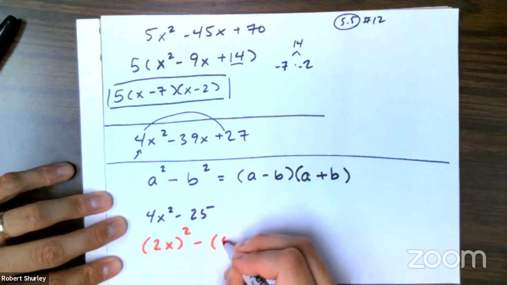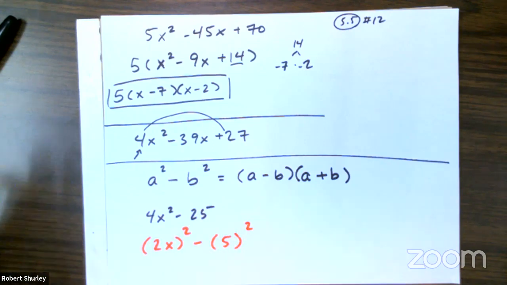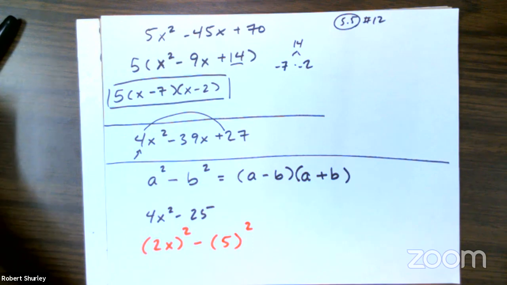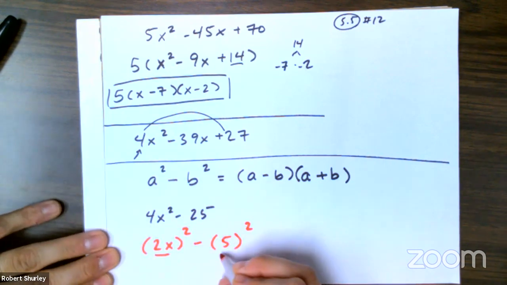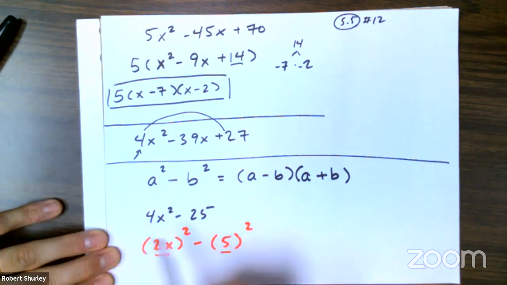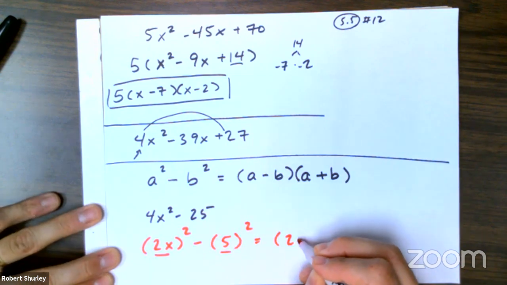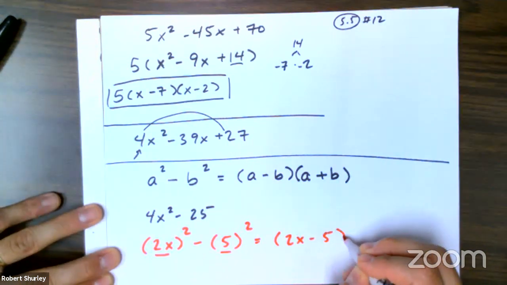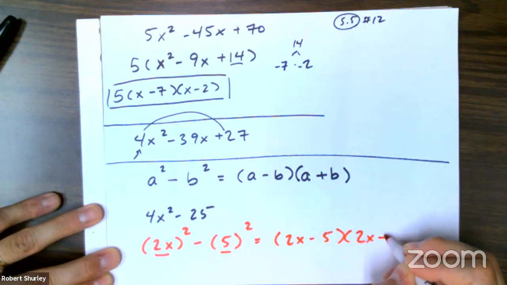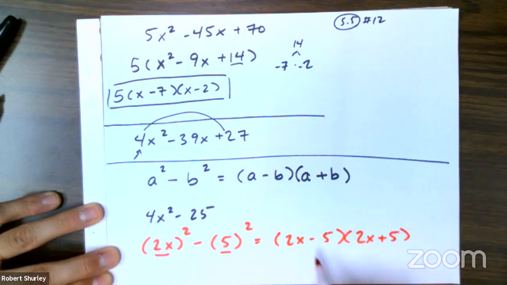Minus, we know 25 is 5 squared. Now look, that's my A and that's my B. So if we go back to the rule here, this is going to be 2x minus 5 times 2x plus 5.